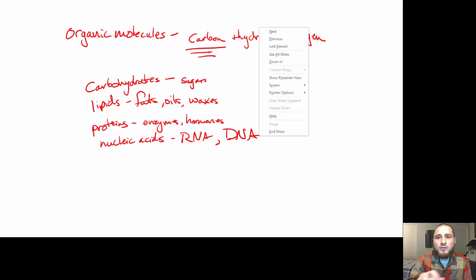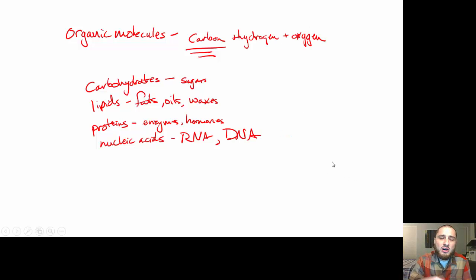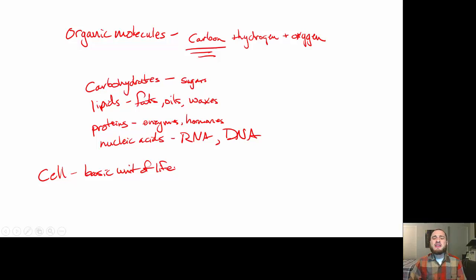Now, once we moved past our organic molecules, we started talking about the cell. And a cell is really the basic unit of life. Now, what do we mean, the basic unit of life? It means that anything simpler than a cell is not necessarily going to be a living thing. It can be part of a living thing.